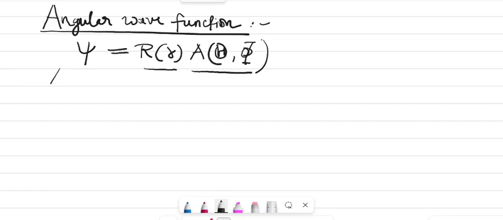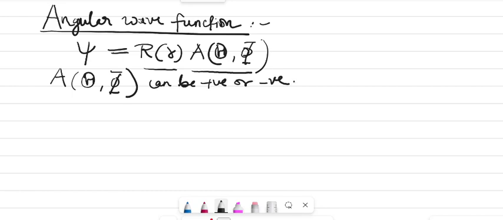Now what is A(theta, phi)? It can be positive or negative, and it is difficult to have a pictorial representation of the angular wave function. Why? Because it depends on the angle.